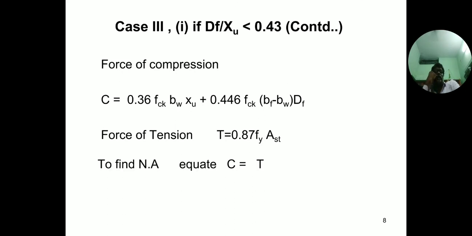To find the neutral axis, C is equal to T, force of compression is equal to force of tension.